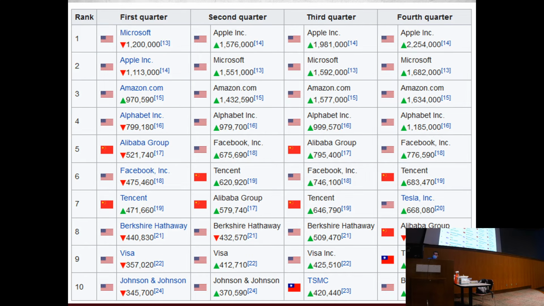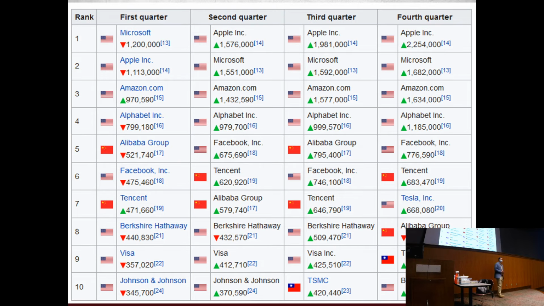Microsoft, 1.7 trillion. Amazon, 1.6 trillion. Alphabet, that includes Google's parent company, 1.2 trillion. Facebook, 700 billion. Tencent, Alibaba, TSMC. You could make an argument that between 4 and 8 of those 10 companies are tech firms.